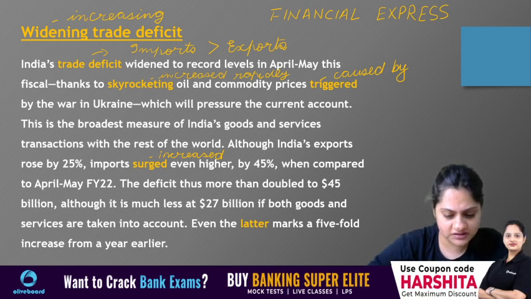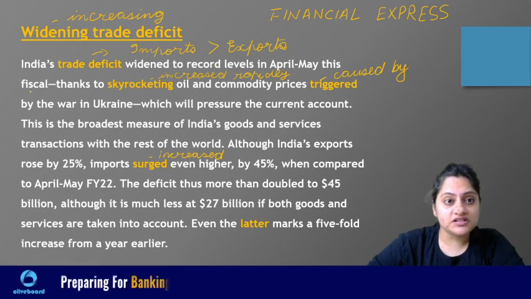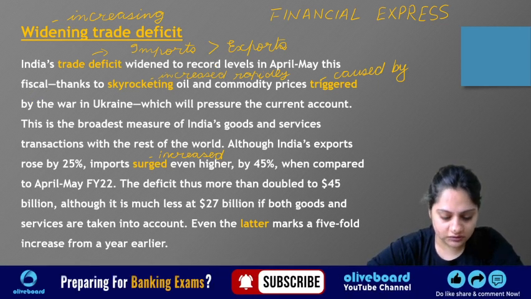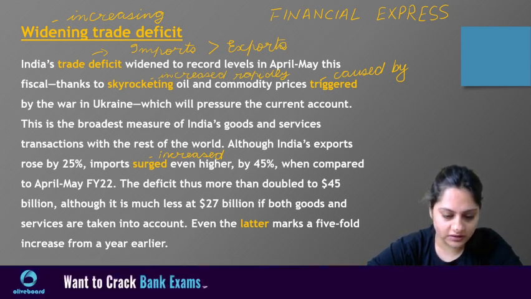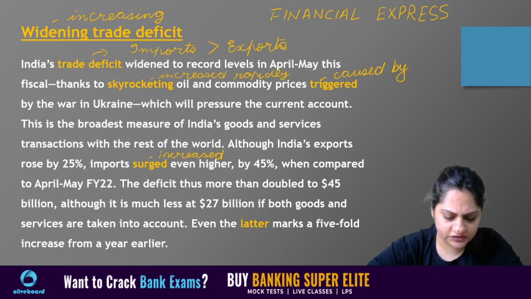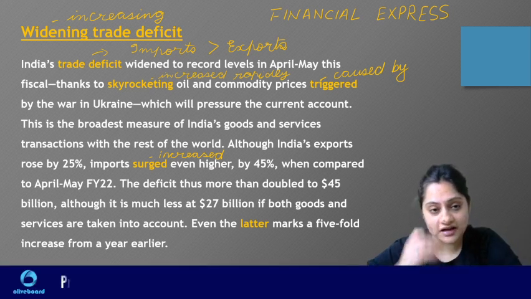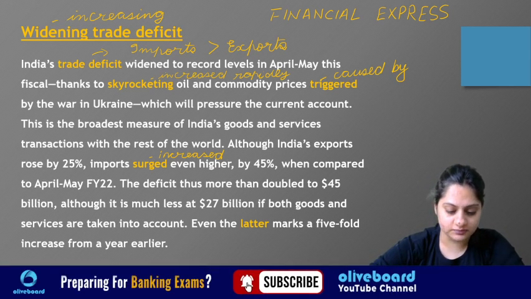Basically record level means record high. This fiscal, if we calculate the complete 1 year, we say the fiscal year. Fiscal is a time period usually. When we talk about taxes and the calculation of taxes, the total year we consider is the budgetary year.